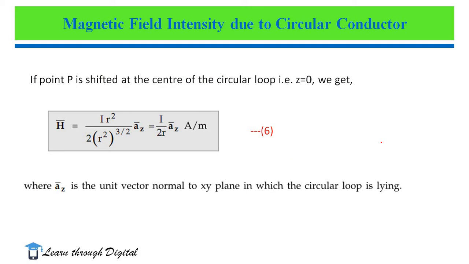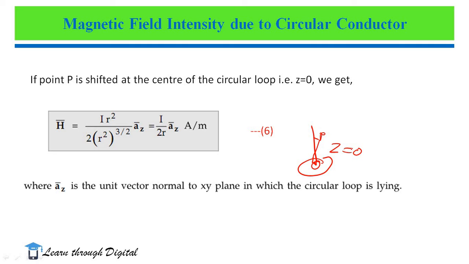Suppose we consider the point P is shifted to the center of the circular loop, which means z is equal to 0. In the previous case, we considered point P along the axis. Now this point P is shifted to the center of the circular loop. So now that means z is equal to 0.